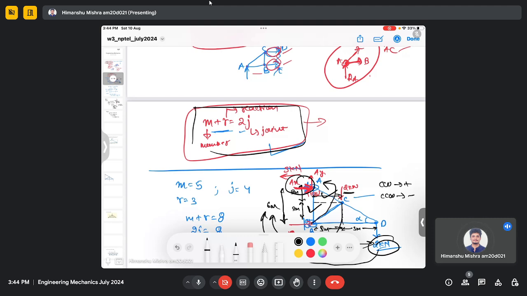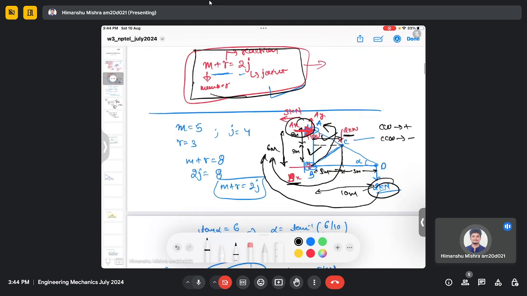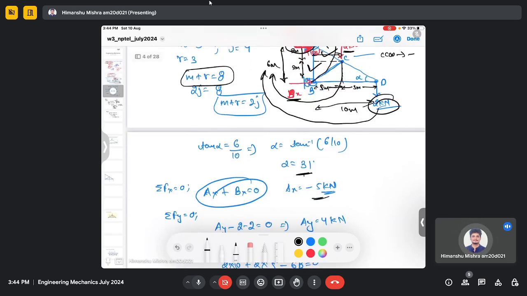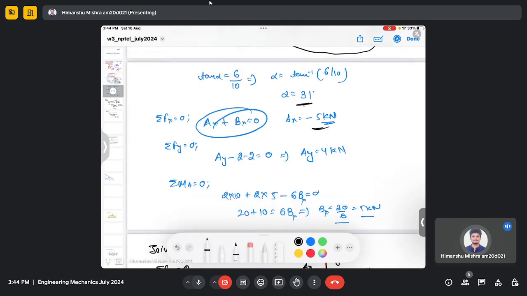For that you have to check by this equation. Once this equation gets satisfied, then you can use the method of joint or method of section. By using the method of joint, since we know that all the forces at one joint will be coplanar, and if the unknown forces are 2, we can only use the force balance equation.